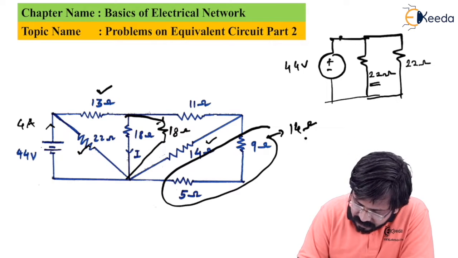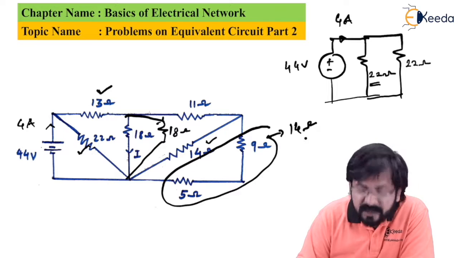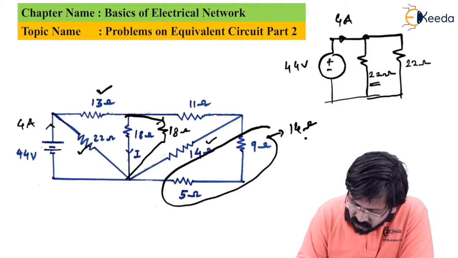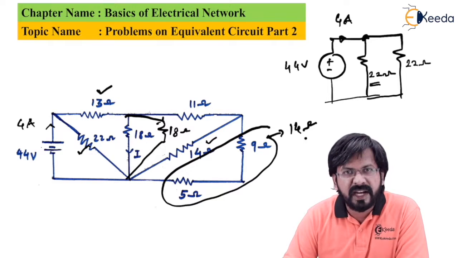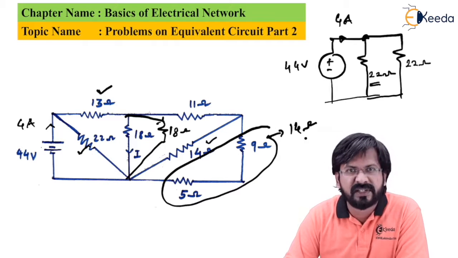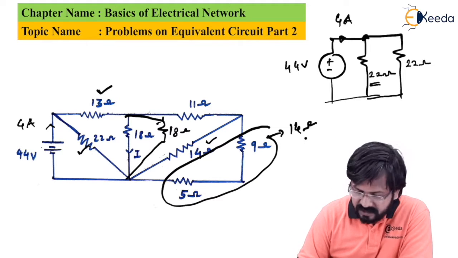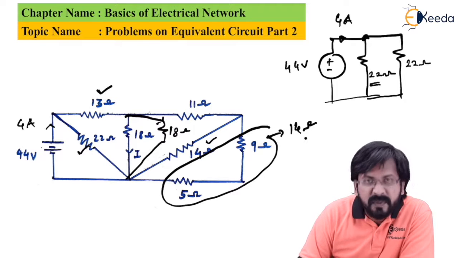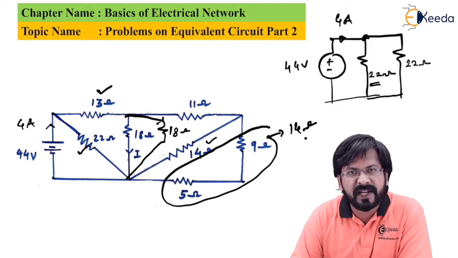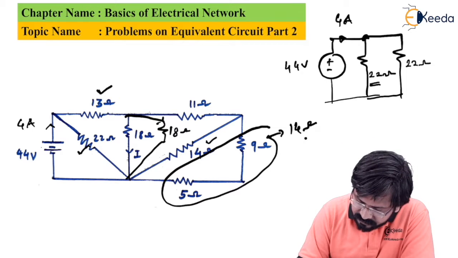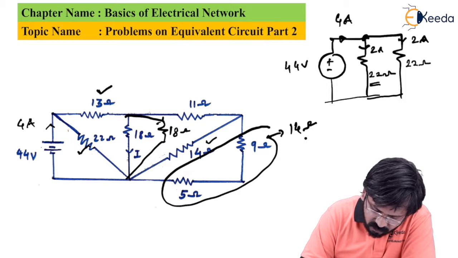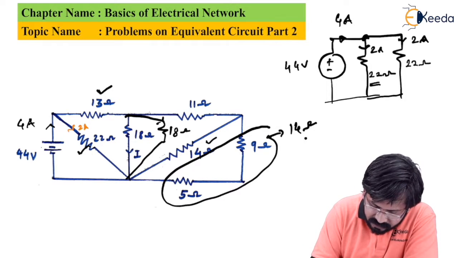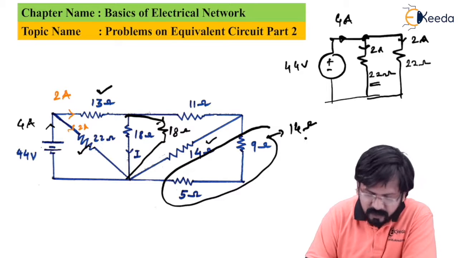So the supplied current, we knew, was 4 ampere. If there is a node formation, the current gets divided, and it may get divided equally if there are equal resistances in both the branches. For example, as this circuit is telling you, it is 22 ohms parallel with 22 ohms, it means the 4 ampere will get divided equally. So we have 2 ampere in this branch and 2 ampere in this branch, meaning the current through the first 22 ohms is 2 ampere and the remaining 2 ampere goes via this.